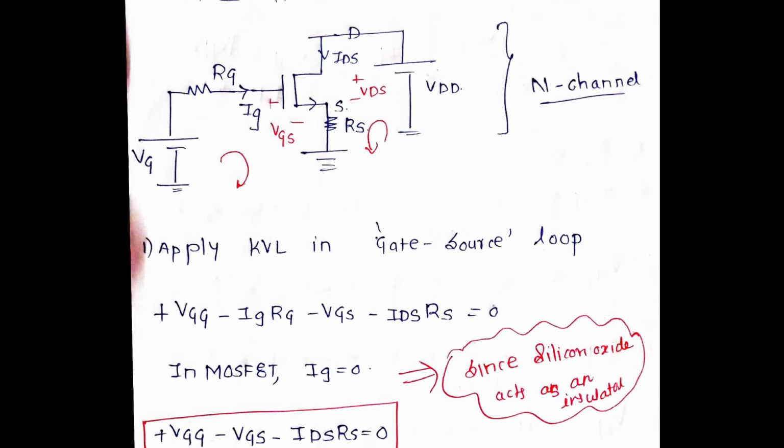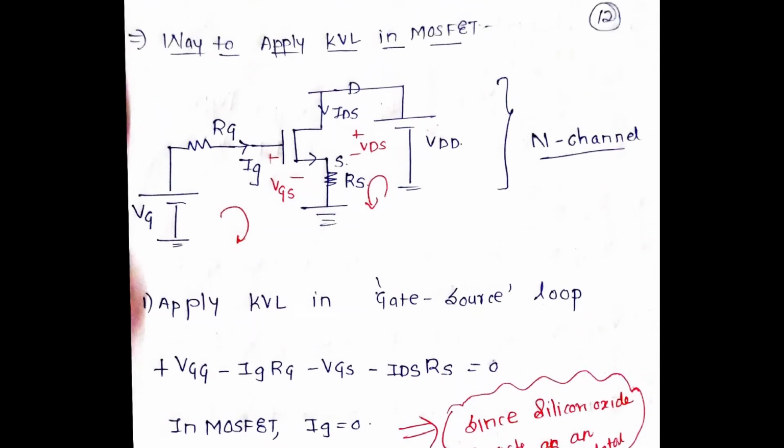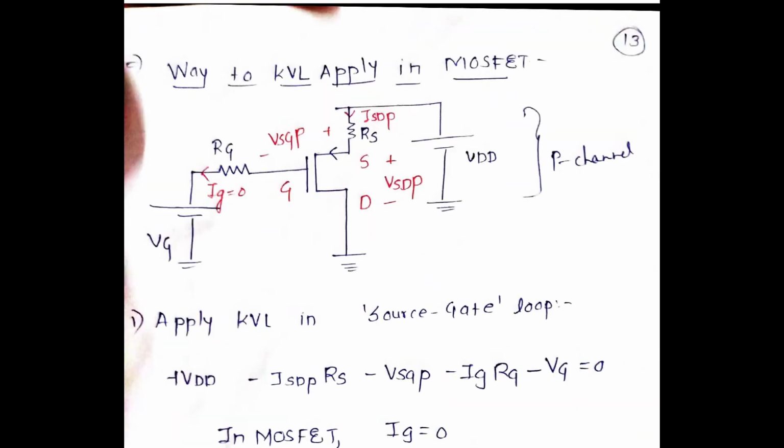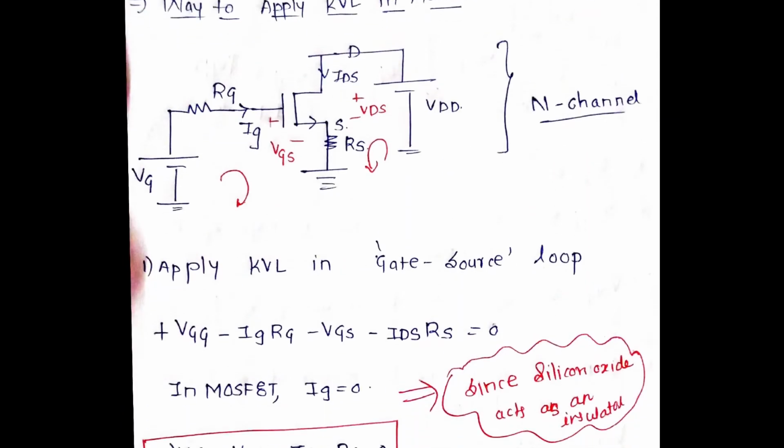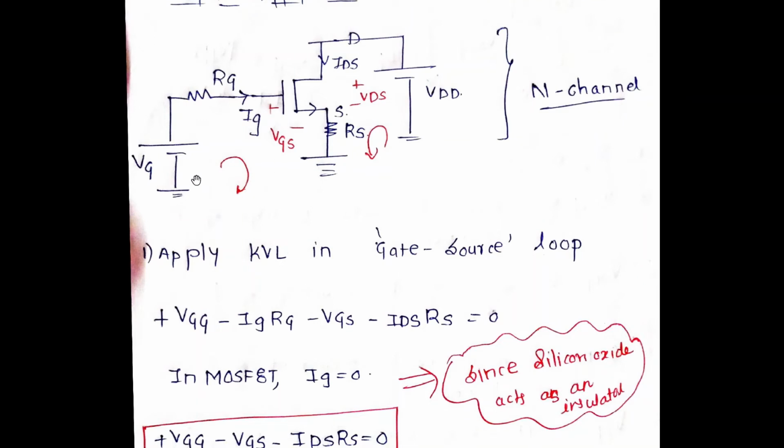Then we have the concept of KVL in an N-channel MOSFET and in a P-channel MOSFET. So in the N-channel MOSFET, if I talk about gate to source, it is plus VGG. That is, this VGG is basically this gate voltage over here. Then you have minus of Ig into Rg because the current is in the same direction as our movement. Then you have minus of VGS.